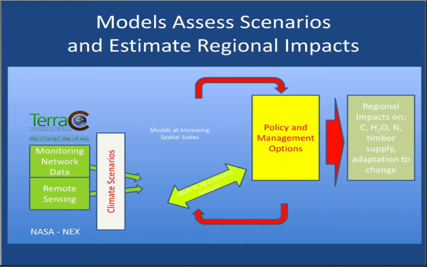These will feed into modeling efforts at various scales, from the stand to the watershed to the region, that the modeling group is working with. That then provides the input, if you will, for policymakers and managers to understand climate change and how we might be able to mitigate and adapt, ultimately, to accomplish the objectives that we had listed.